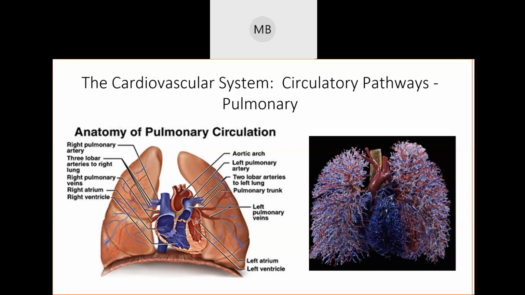The pathway is blood will flow up the pulmonary trunk, through the pulmonary arteries, in through the little arterioles to the different parts of the lung that it needs to go to. It's going to hit the capillaries that are around the parts of your lungs, trade oxygen and carbon dioxide, then flow back through venules, which are small, tiny veins, and then back to the pulmonary veins, then back to the heart. That is your pulmonary circuit, right? You know your pulmonary circuit is from the heart to the lungs, back to the heart again.